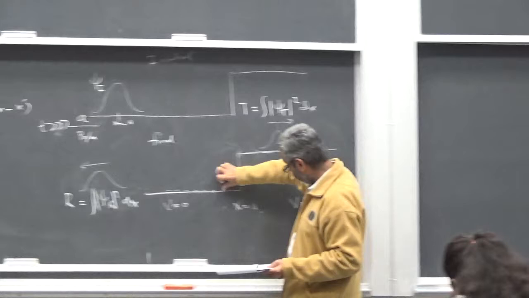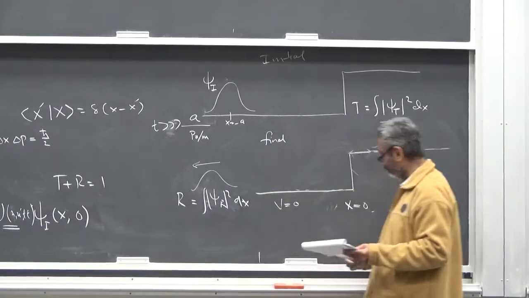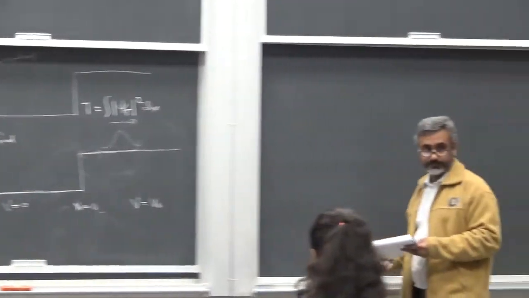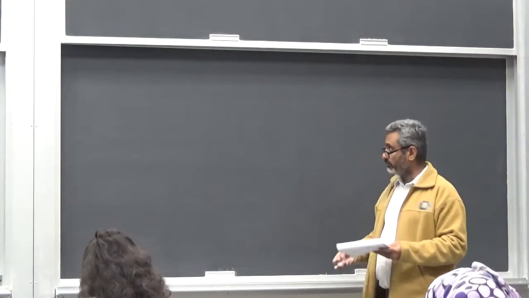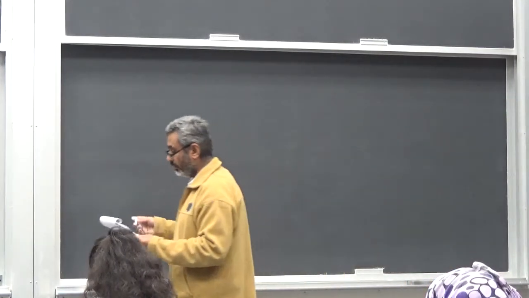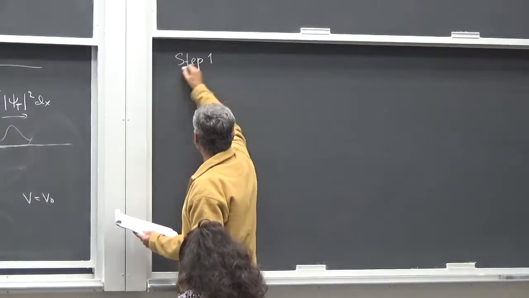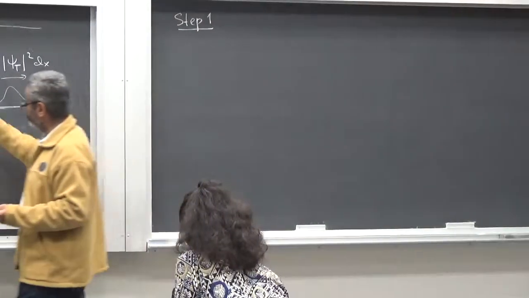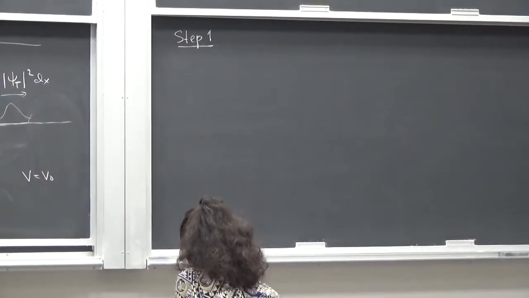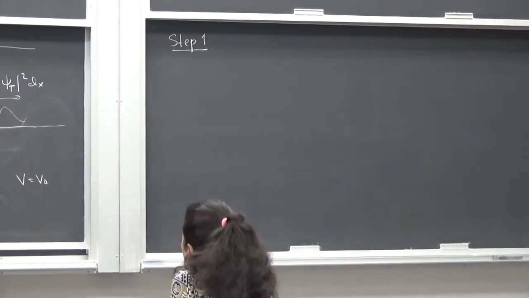A bit convincing. Anyway, so let's start. Step 1. What do the eigenfunctions of the Hamiltonian look like in this region?